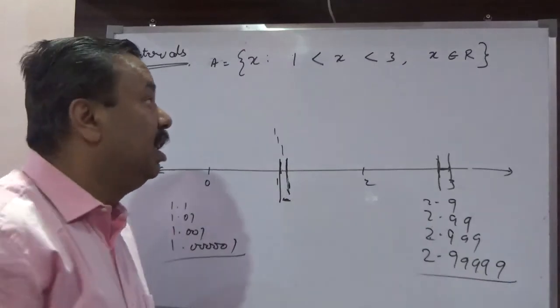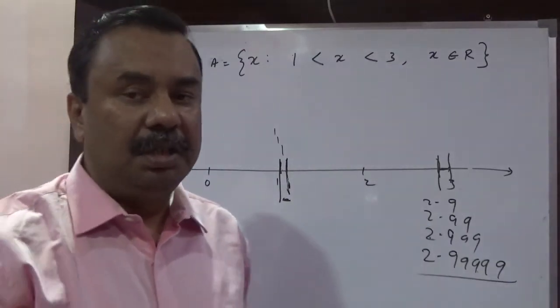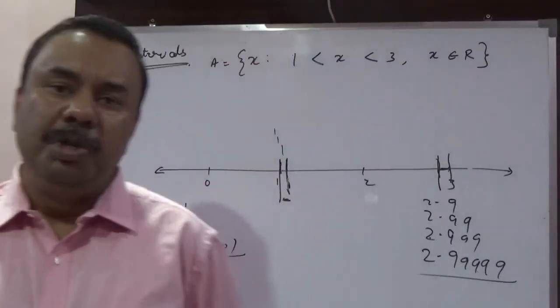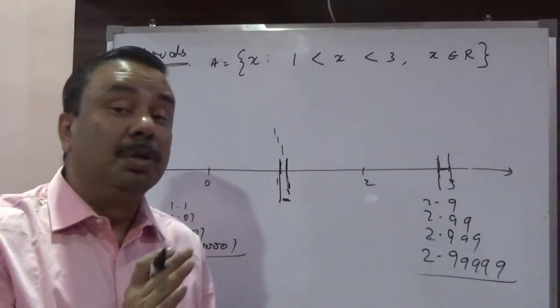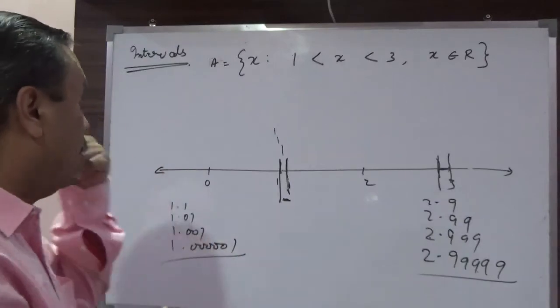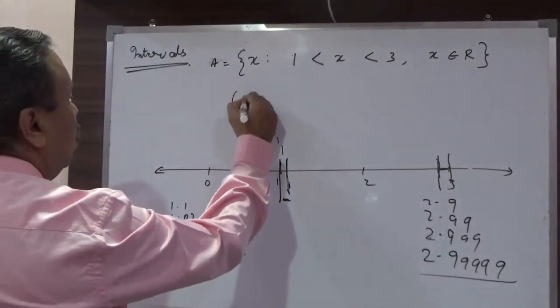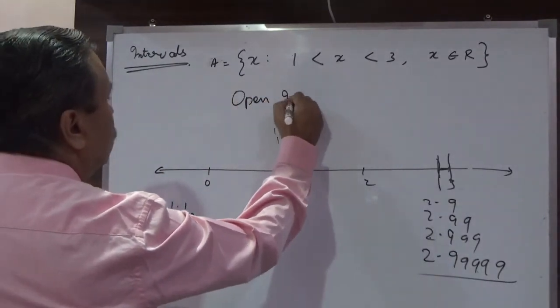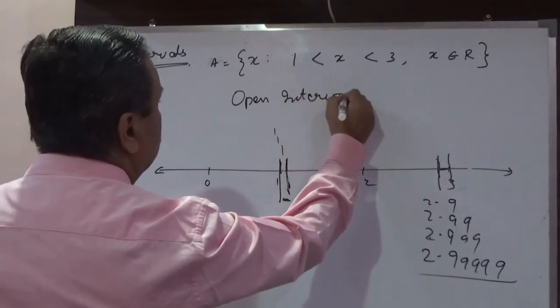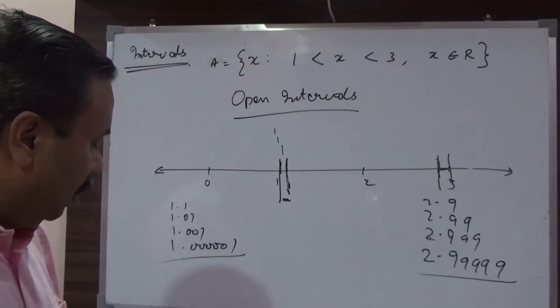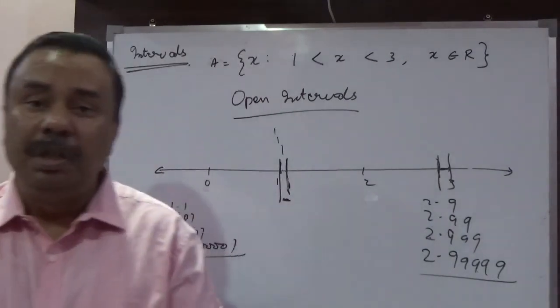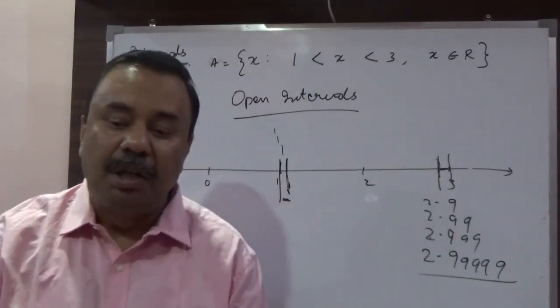That means the number of elements is not limited, and you do not have an endpoint to this. These types of intervals are called open intervals.